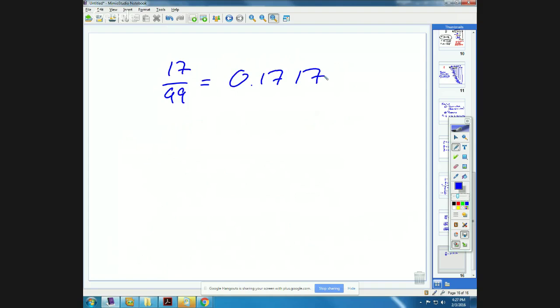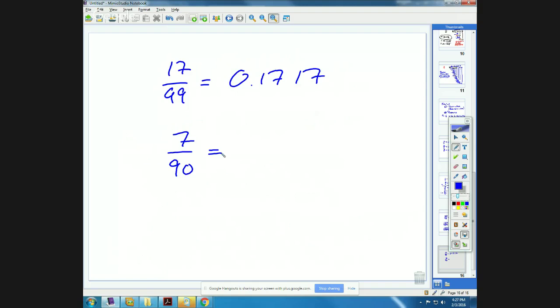Okay, how about if I took 7 over 90? I think that's going to be... Anyone guess? Let's get a guess wrong. 0.09, or 0.07777, no, 0.0707.